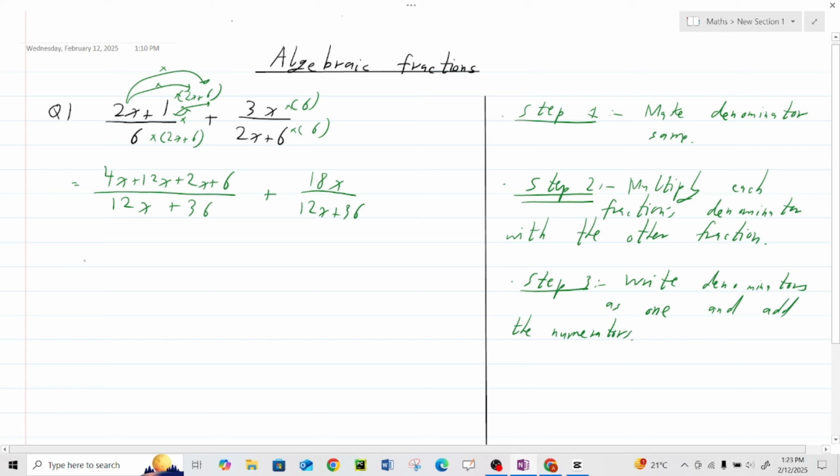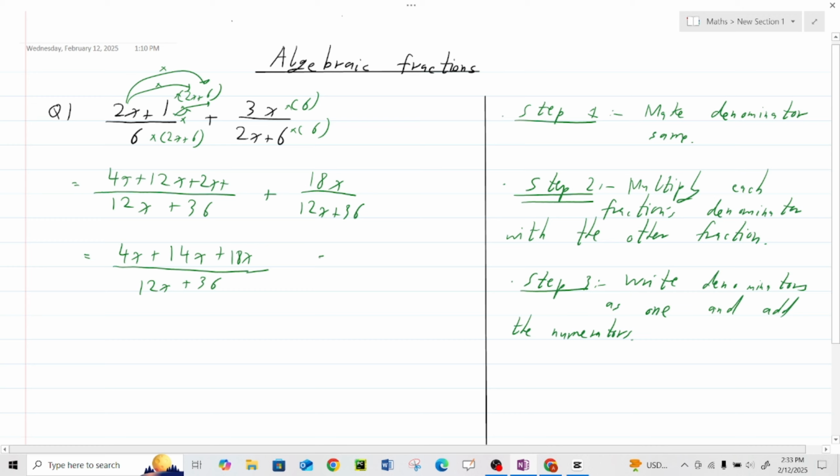That means I'm going to have 12x plus 36 on the bottom, just once. We're not going to add them. Then we add the numerators, so 4x squared plus 12x plus 2x plus 6 plus 18x. So 12x plus 2x is 14x, plus 18x.